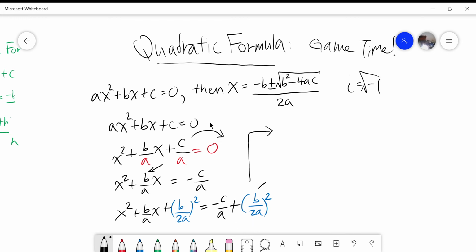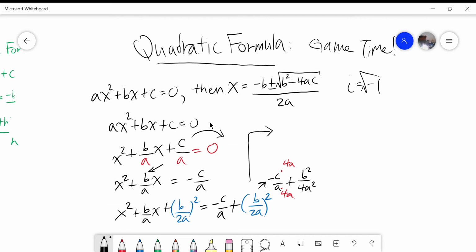This right over here simplifies to c over a plus b squared over 4a squared. And to combine this, we're going to multiply the top and bottom of this by 4a. And this will leave us with this on the right hand side.